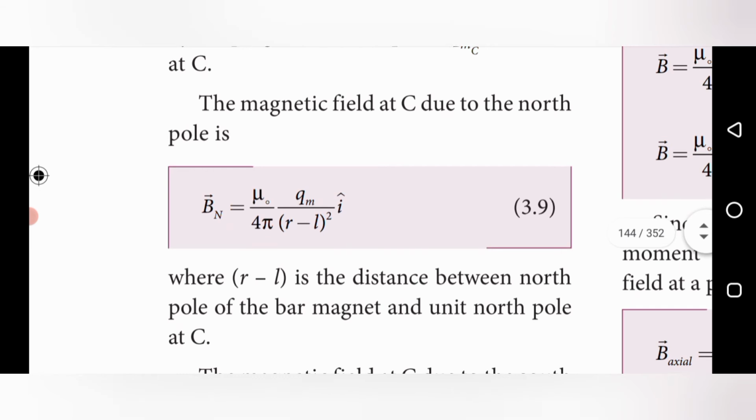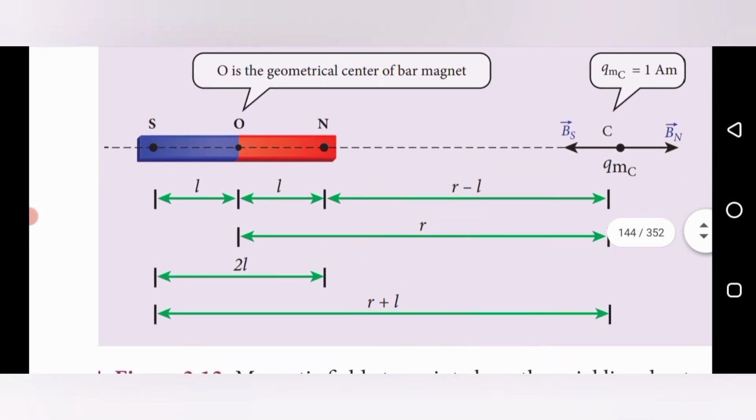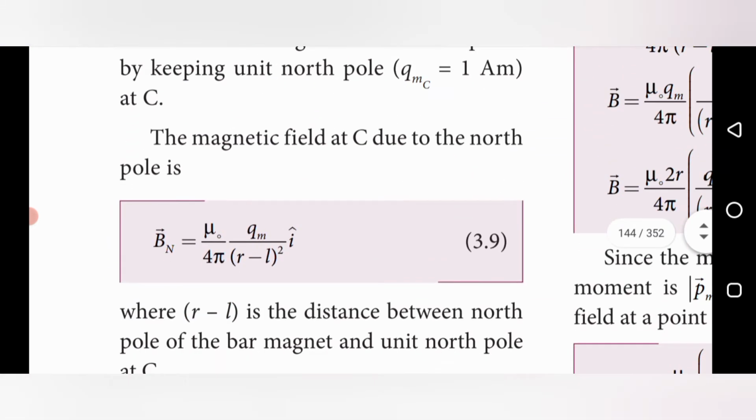The magnetic field at C due to the north pole, the value is magnetic field Bn equal to mu naught divided by 4 pi, Q divided by (R minus L) whole square. Because it is from the north pole to point C, the distance is R minus L. Substitute the magnetic field value; you already know that B is equal to F by Q. So Q cancels, and we only take the F value for one unit of magnetic pole strength.